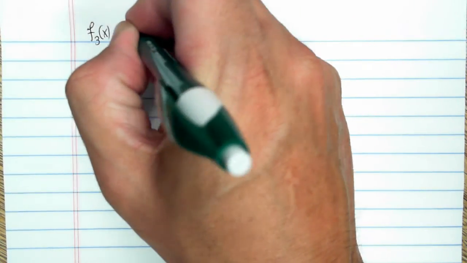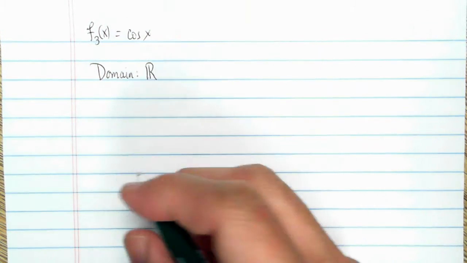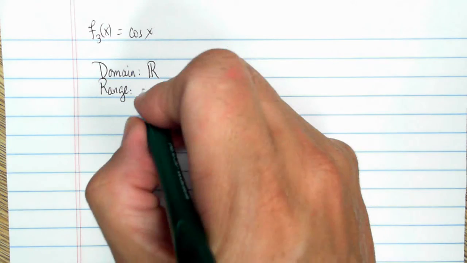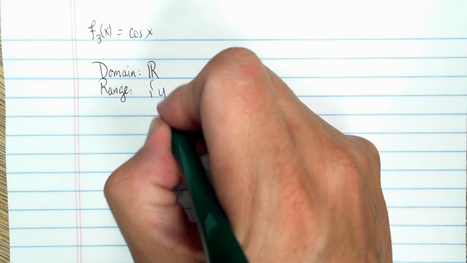The next function on the list is cosine of x, so f sub 3 of x equals cosine of x. The domain is all real numbers. I can take the cosine of any angle, that's not a problem. The range: there's a few ways of writing it.